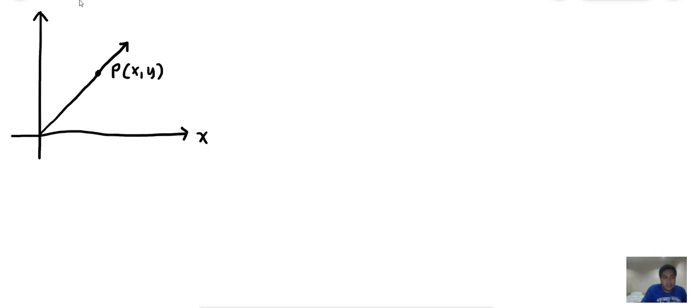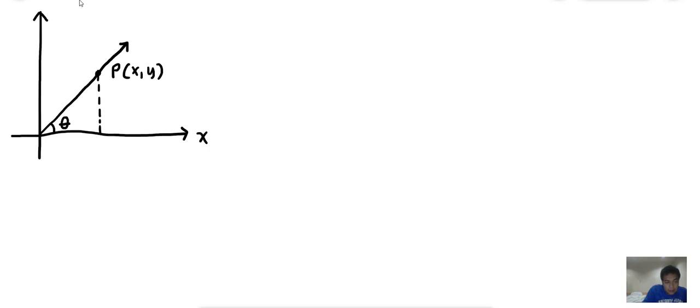Okay, so we can actually form a right triangle, considering the initial side, the terminal side, and the point P. So this is our angle theta.